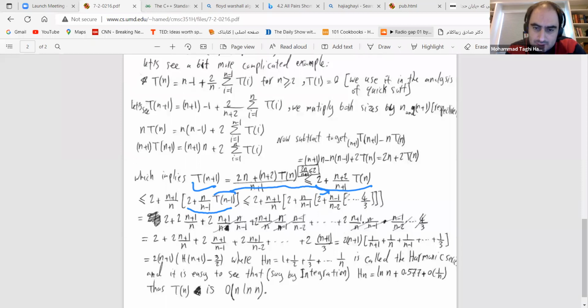And finally, if you expand this one, at the end we would get t of 2, and you just write t of 2 and t of 1 is equal to 0. So in that case, we get the 4/3 at the end. Good. So this is the one that we are doing.